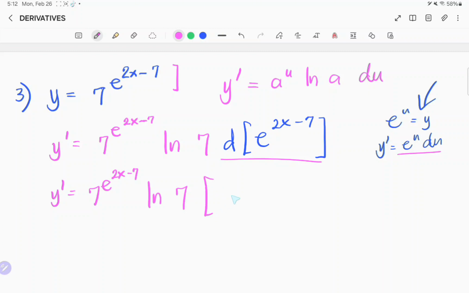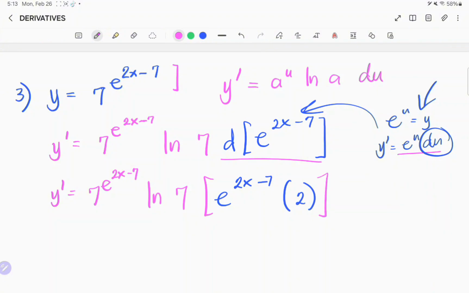So we have to copy e raised to u, or that is e raised to 2x minus 7, and get the derivative of u. In this case, our u is this 2x minus 7, and the derivative of that is 2. So that's 2 minus 0 is 2.